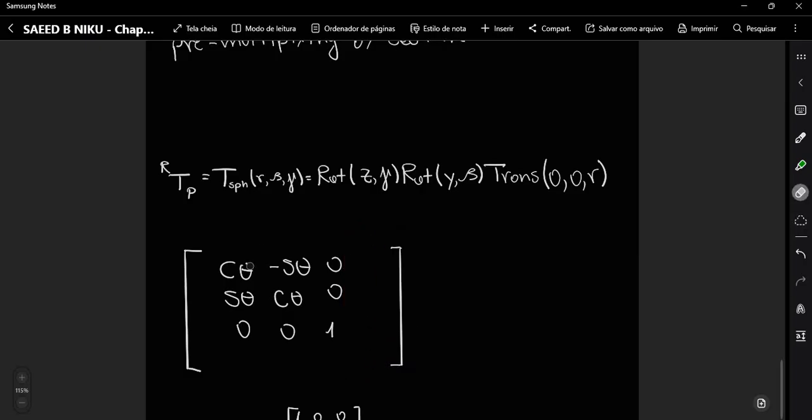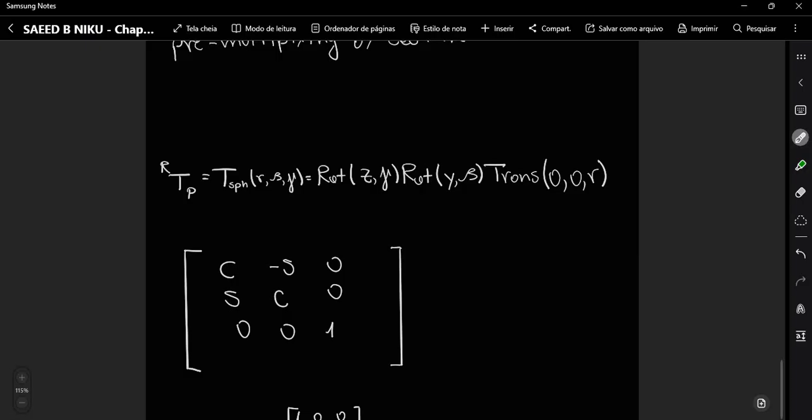And right here is gamma. And remember that the order in which we multiply the matrices influences the final result, and we have to do it in the correct order.